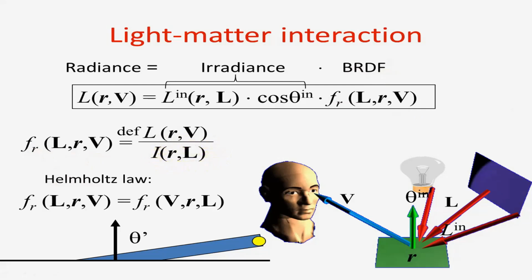In real life, BRDF functions are symmetric, which is often referred to as the Helmholtz reciprocity principle. In computer graphics, BRDF is just a formula for us, so we can work even with non-symmetric BRDFs as well, but we have to understand that these materials cannot exist in real life.